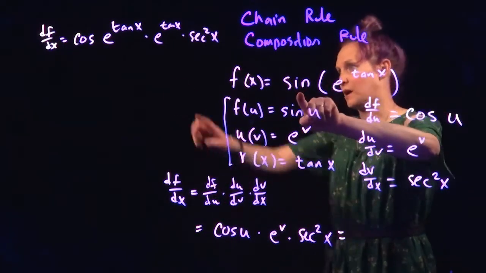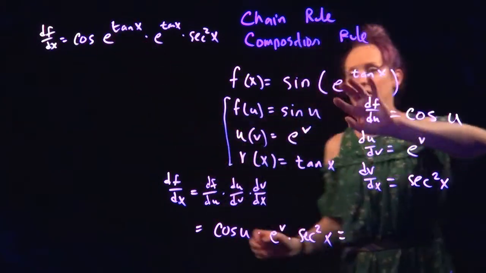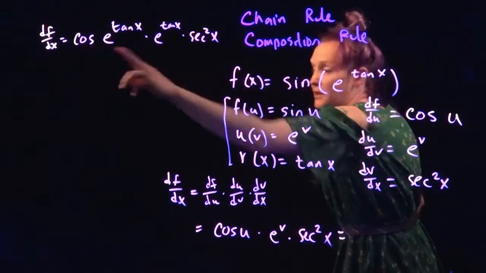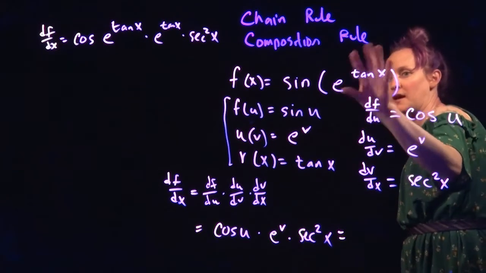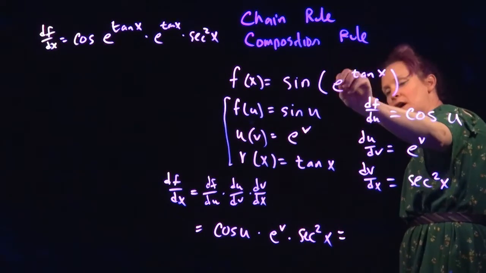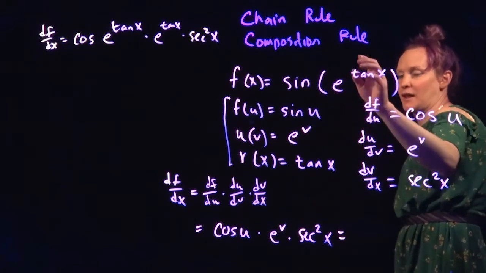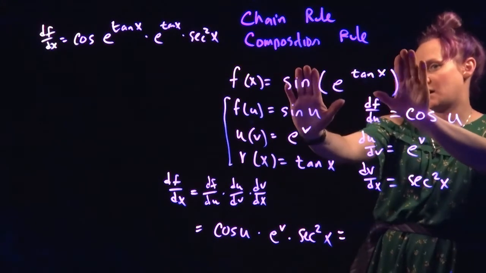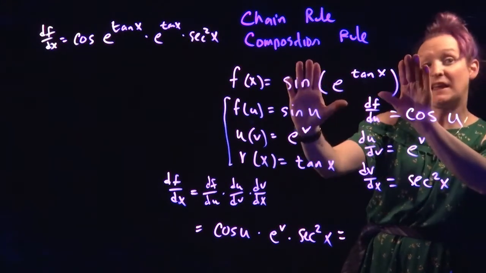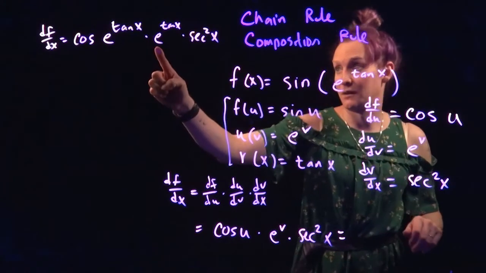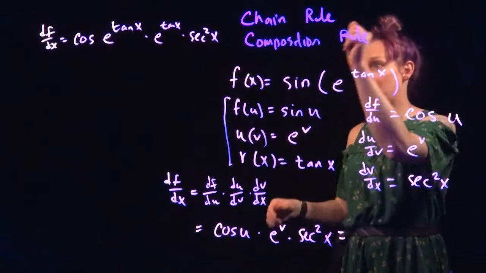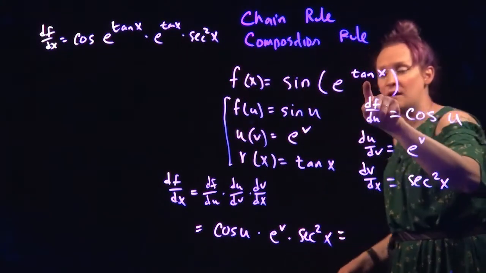So sine went to cosine, and the argument stayed the same, right? Sine goes to cosine, but the argument of the sine stays the same. And then we chain out the derivative of the inside thing. So now the inside thing is e to the, and the derivative of e to the is e to the. And I have to chain out the derivative of the inside of that one.